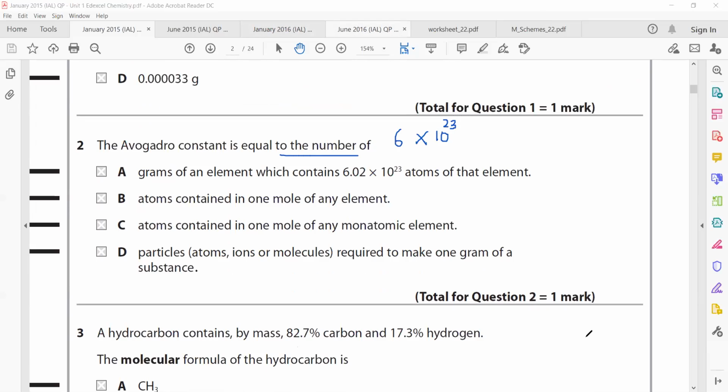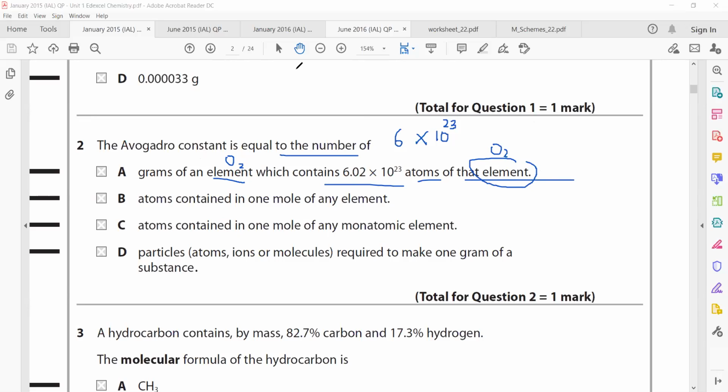A gram of an element that contains 6 exponent 23 atoms of that element. That element can be monoatomic, or it can be diatomic. For example, if that element was oxygen, a gram of oxygen which contains 6 exponent 23 atoms of oxygen, this statement will not be true.